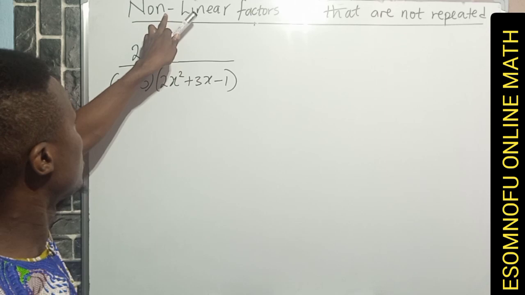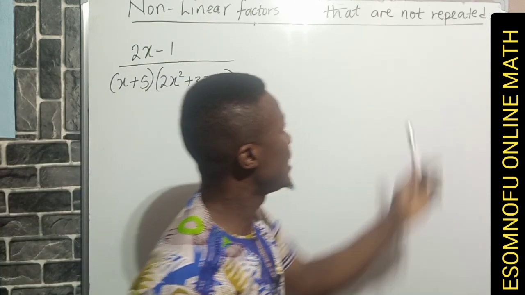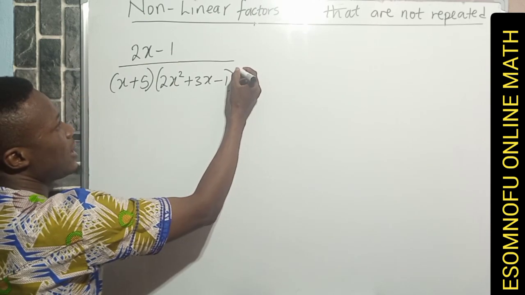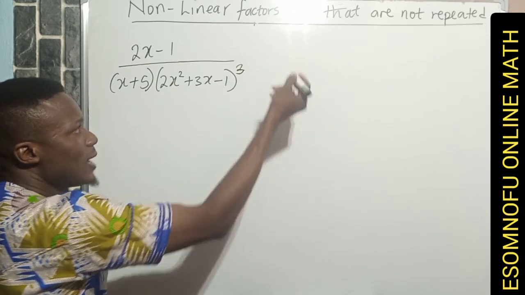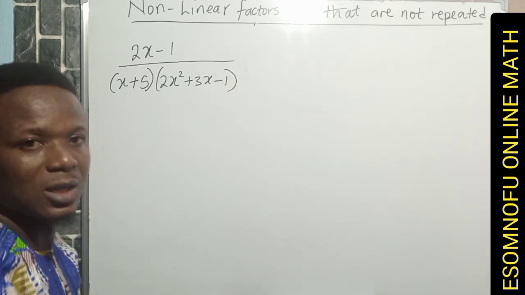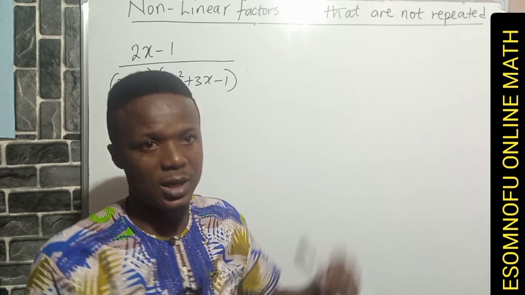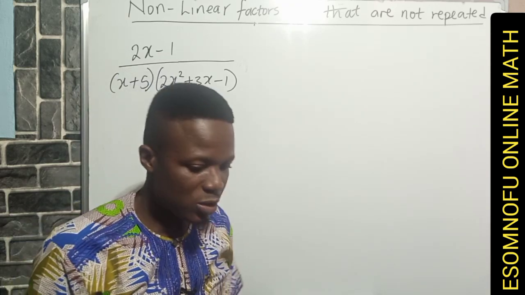Therefore, it is nonlinear. And it is not repeated, in the sense that you don't have an external power of 2, 3 or 4 here, because if you have a power there, it means it's repeating itself. That is what we meant by not repeated. That is the category we are going to discuss today.